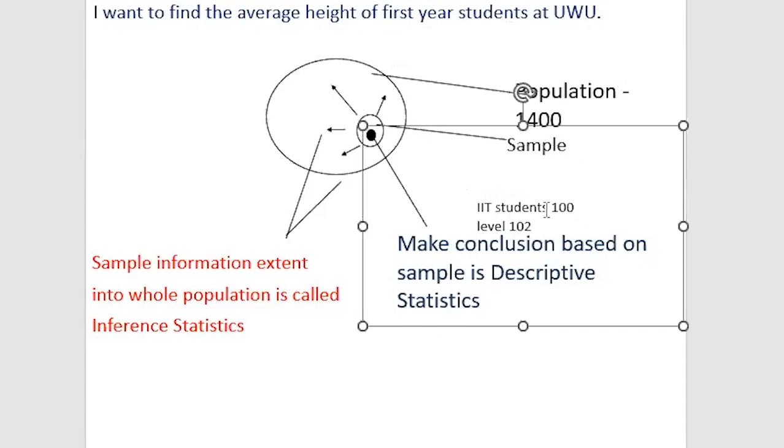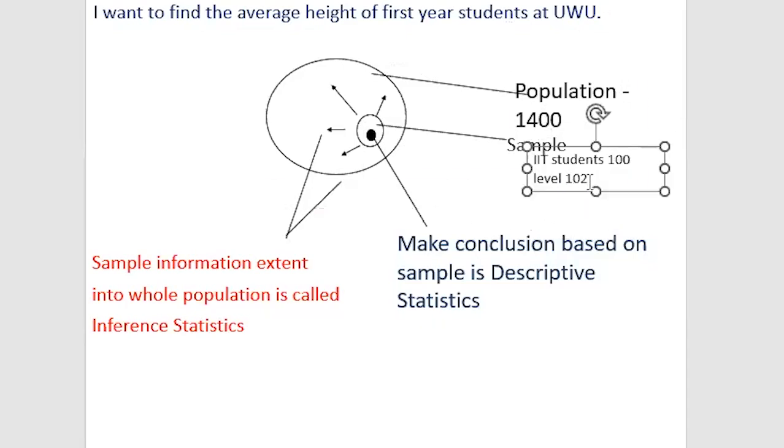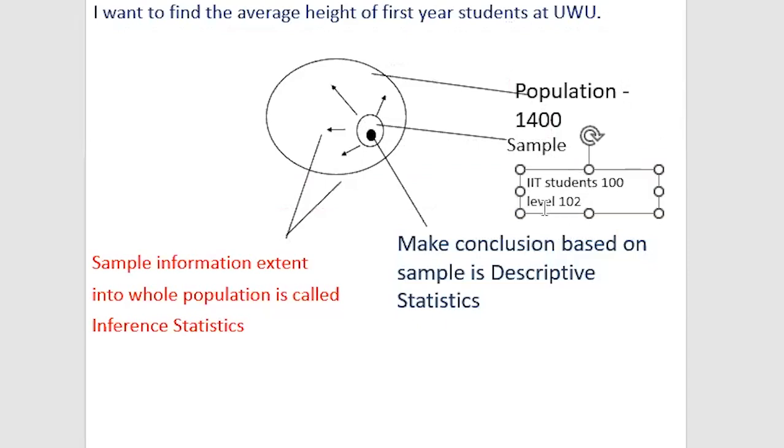Out of the 1,400, I select the 102 students for my sample, for my study. That is called the sample. Is it clear? Yes or no?